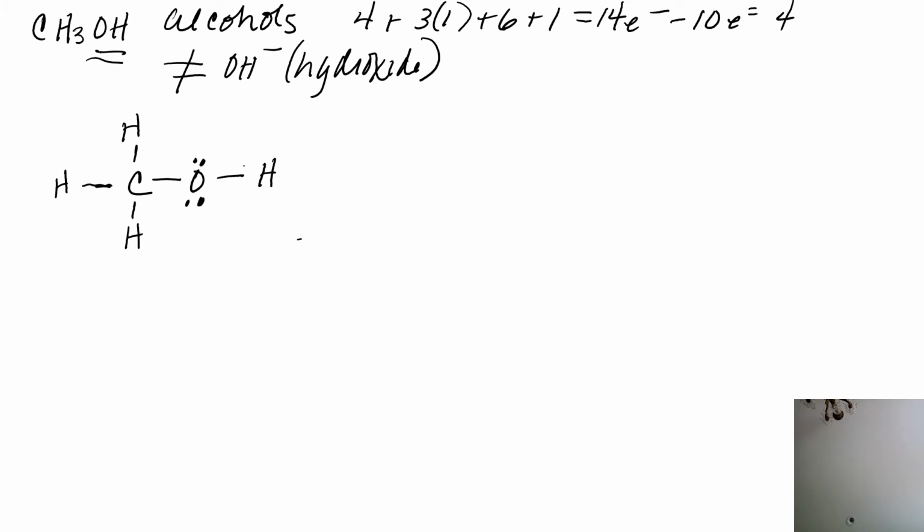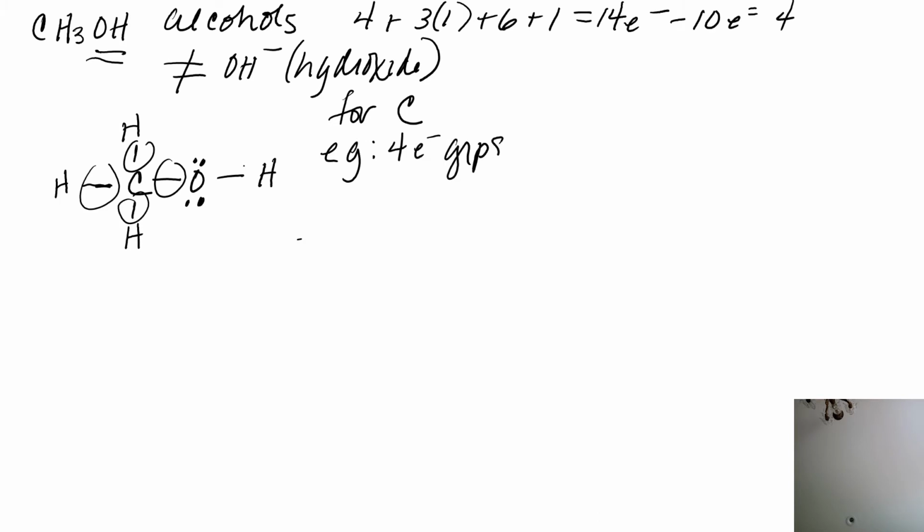While we consider carbon to be the central atom, we can assign geometries to both carbon and oxygen. So we're going to look at both. For carbon, electron geometry, we have 4 electron groups, which corresponds to tetrahedral geometry.